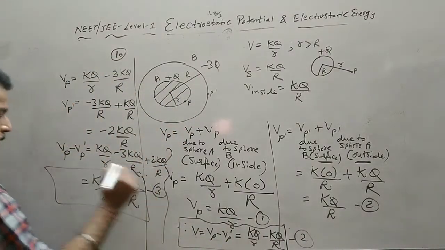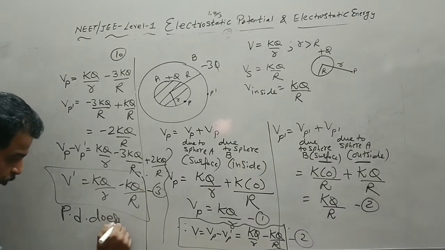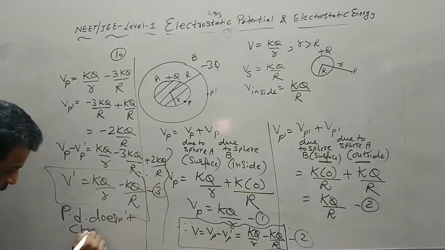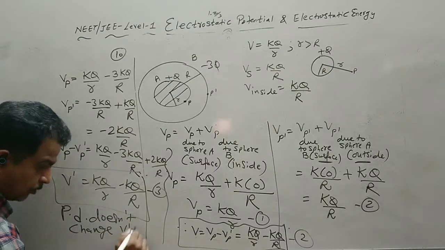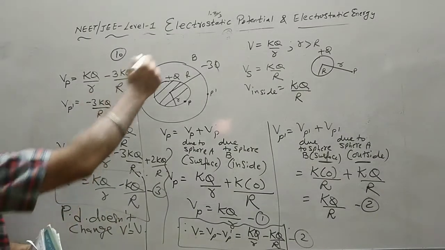You see that this new potential V dash comes out to be the same. So potential difference does not change. That is V dash is equal to V only. So we have option number A for it.